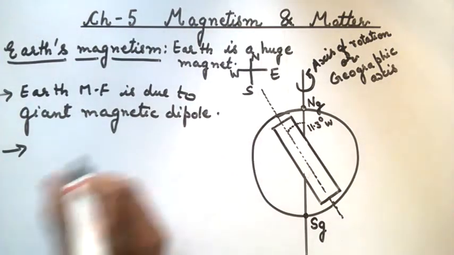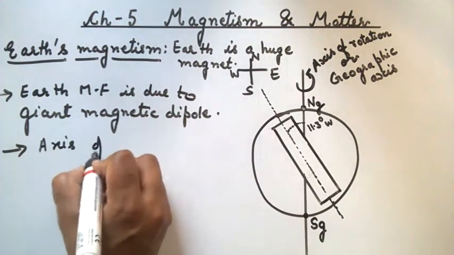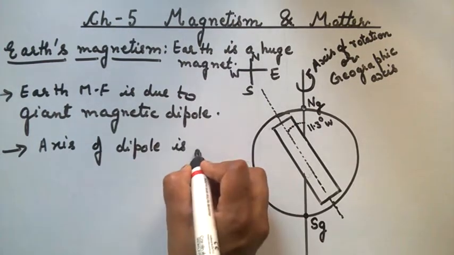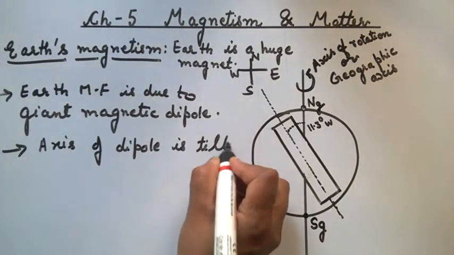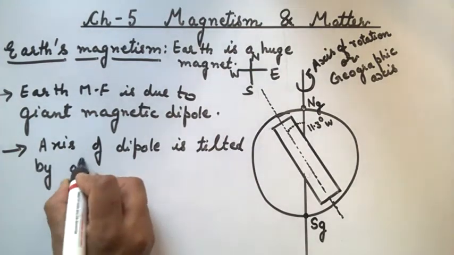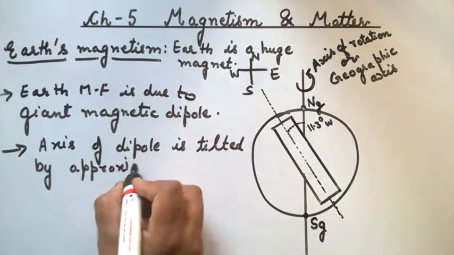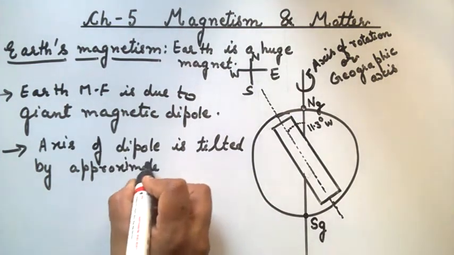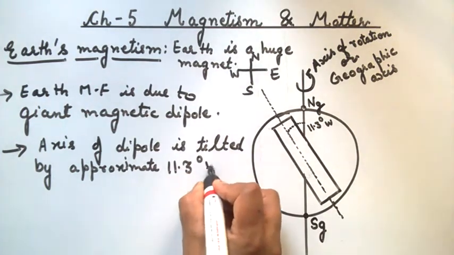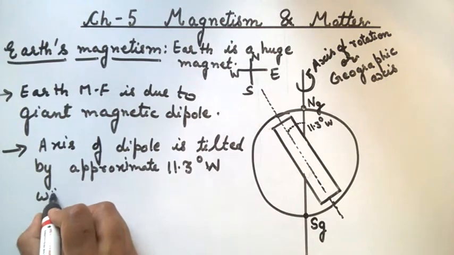Also, axis of dipole is tilted by approximate angle 11.3 degree west with respect to axis of rotation.